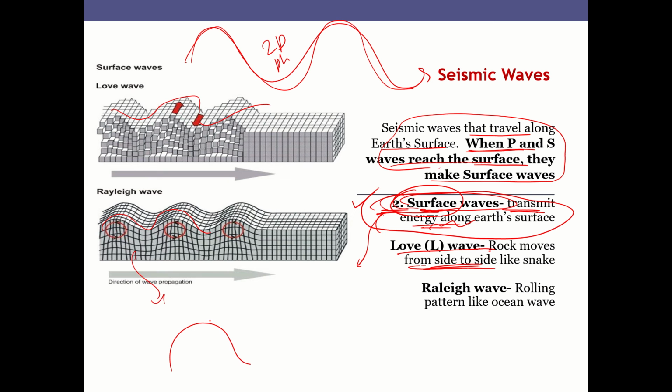Rayleigh waves, let's say this is in section, so there's an up and down movement. Love waves are a lateral movement, sideways. So these are the different ways in which the energy released from an earthquake is observed technically.